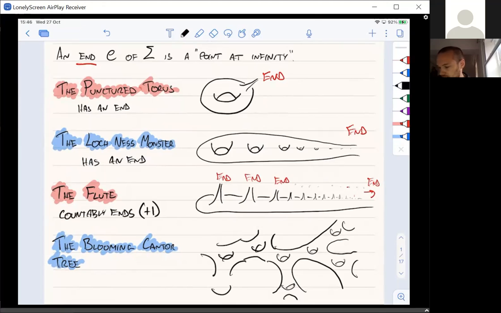So it's almost like you could imagine an infinite trivalent tree where every vertex has genus or something kind of strange like this. So that's the blooming Cantor tree, and that has infinitely many ends also, just like the flute, but actually its ends form a Cantor set.